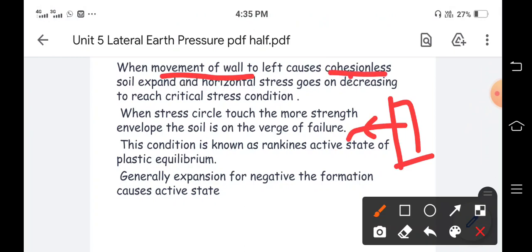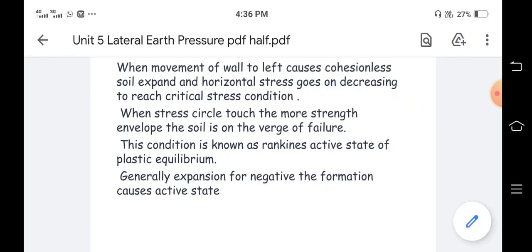Because our assumption is cohesionless soil; we are using Rankine's theory for cohesionless soil. Due to this there is expansion of the soil, and the horizontal stress goes on decreasing to reach the critical stress condition. And when we plot the stress circle, it touches the strength envelope, so the soil is on the verge of failure.